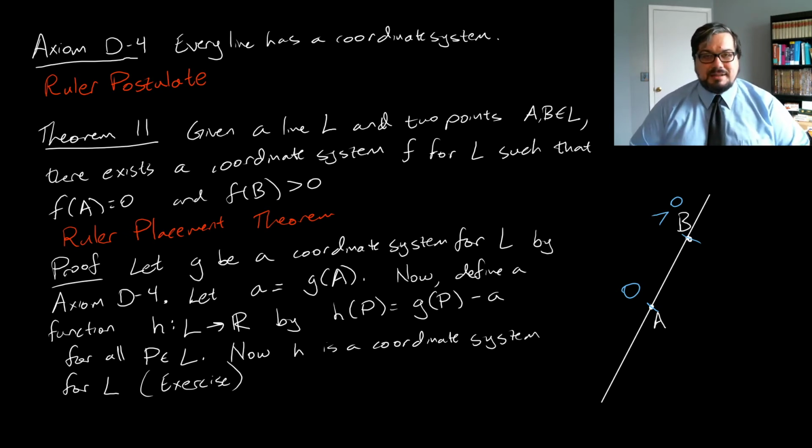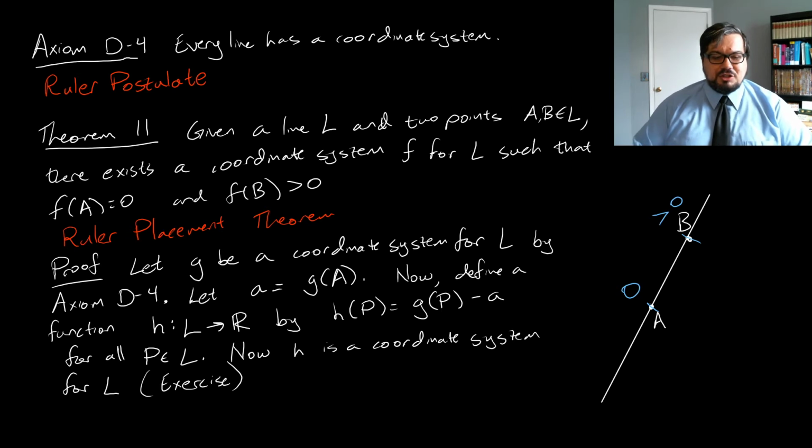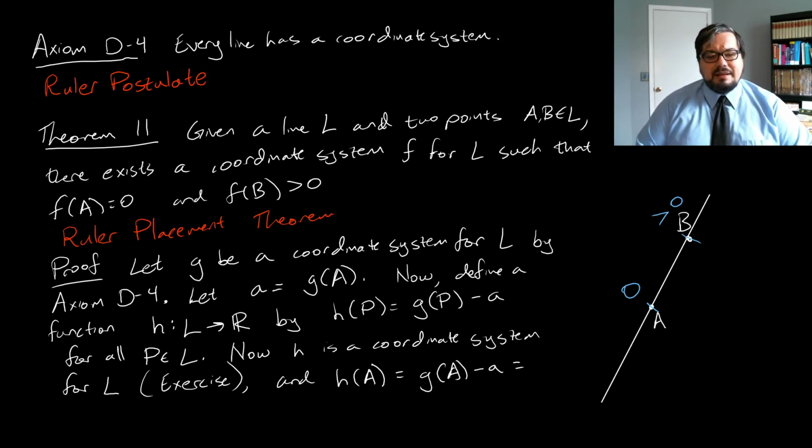So h is a coordinate system for L, and we have that h of A is equal to g of A minus little a, but g of A is exactly equal to little a. That's how we defined little a to begin with, and so their difference is 0.